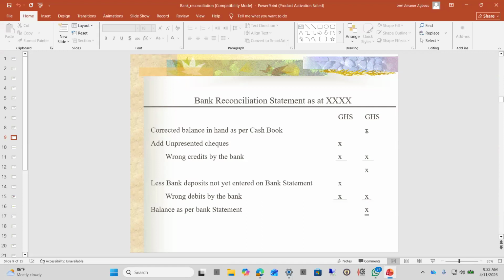The simple thing that happened is that you have issued 2 checks. Only one went through. The other one, the person did not present it to the bank. That one that the person did not send to the bank is what we call an unpresented check.